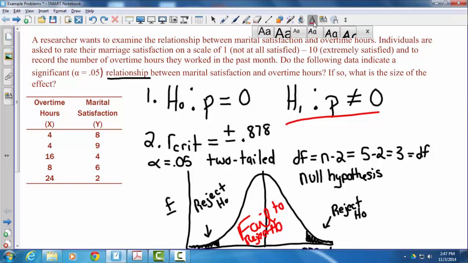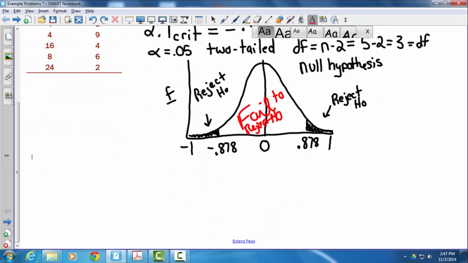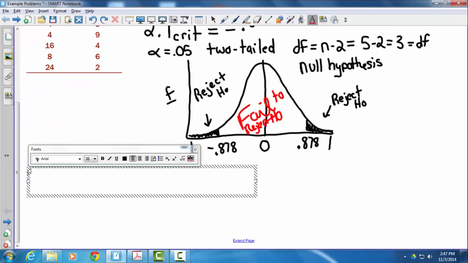So I know that my correlation coefficient of negative 0.975 is right here, right? It falls in the rejection region. So my decision is going to be to reject the null hypothesis.